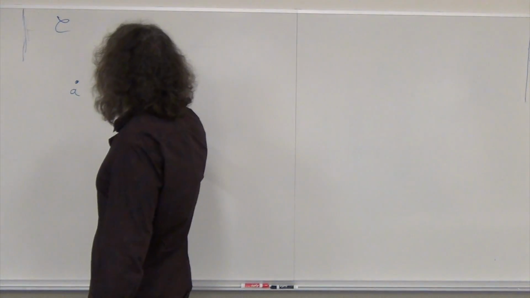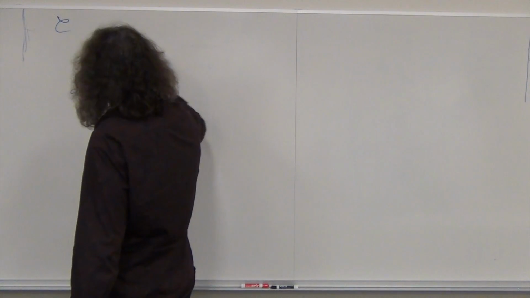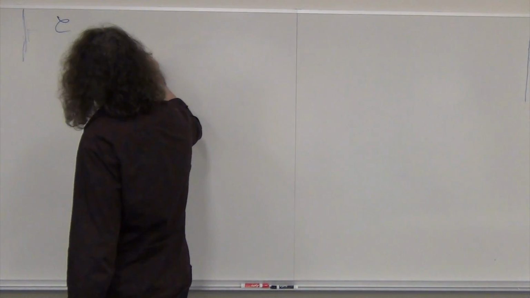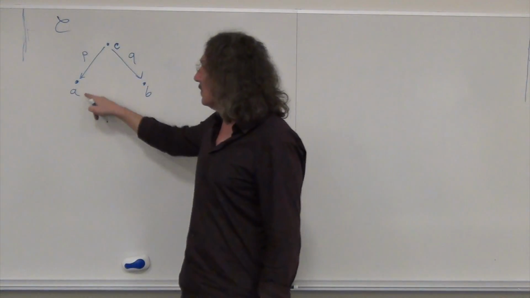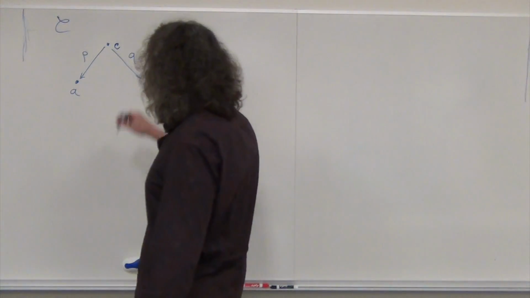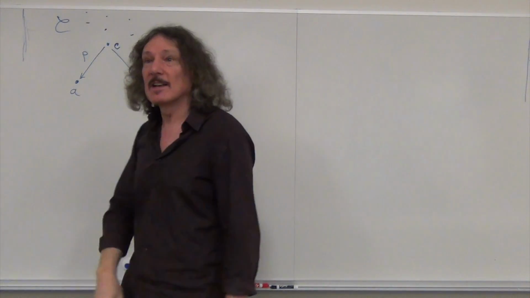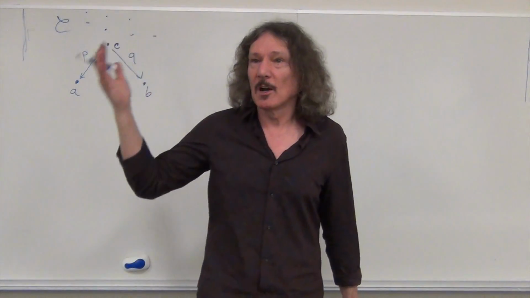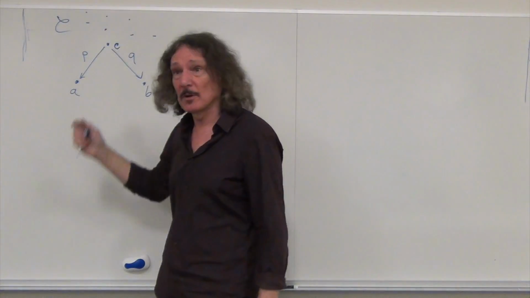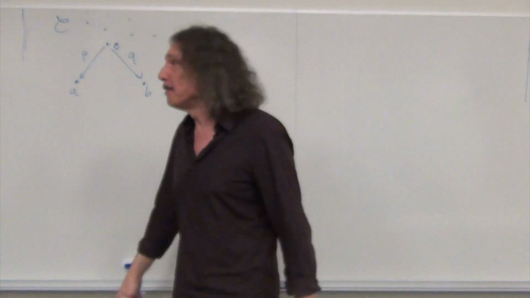Well, a candidate for a product would be an object that has these two morphisms, P and Q, right? One goes from C to A and the other goes from C to B. And of course, there are many such possible candidates, you know? Well, not every object in a category has two morphisms to A and B. But there might be lots of them, right?